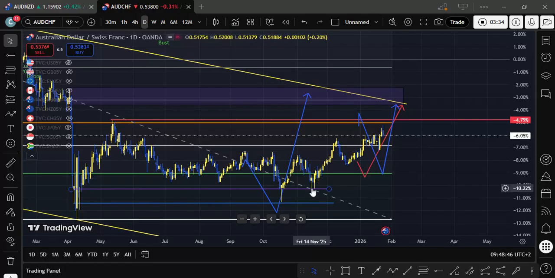The entry is here, so you don't want the market to drop all the way down there before you get to the take profit level. So what I normally do is that once we get here, I take profit.